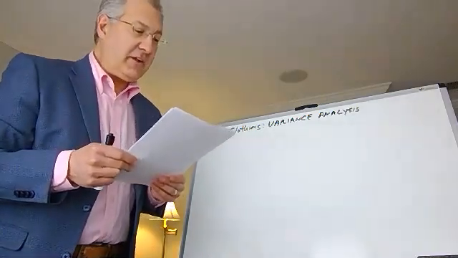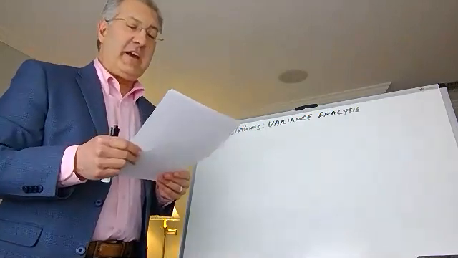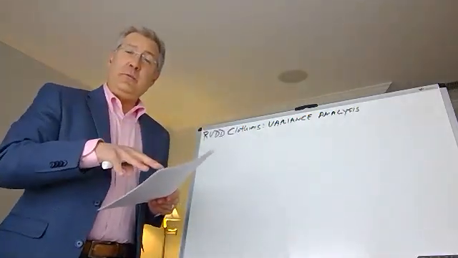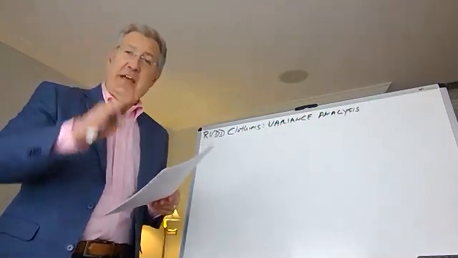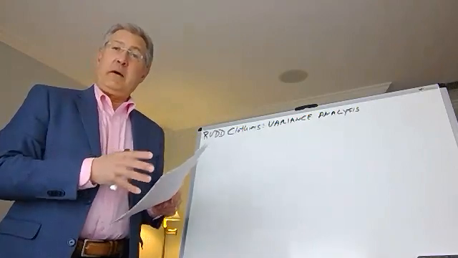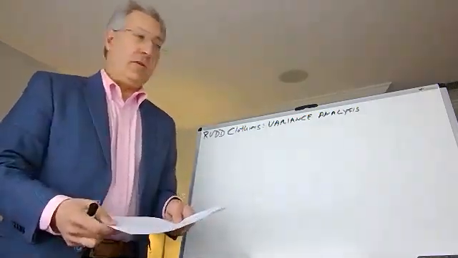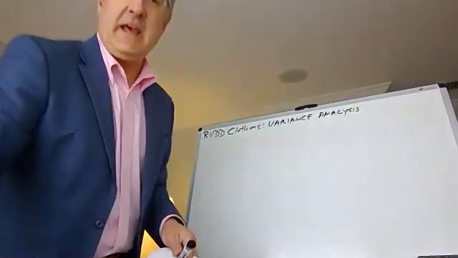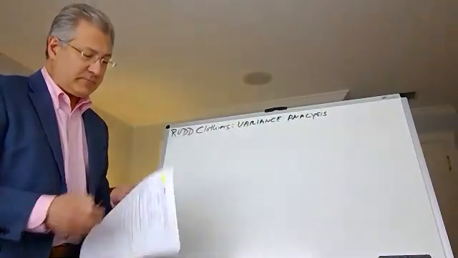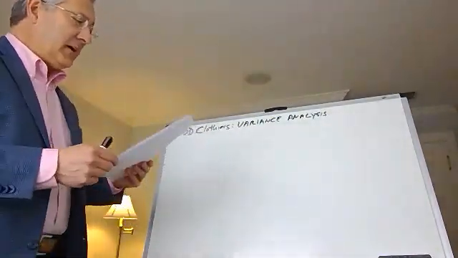Budgeted fixed overhead cost was $49,000 and budgeted variable overhead $36,400. So there they gave you the total estimated manufacturing overhead, and they broke it down between fixed and variable, because as you know, manufacturing overhead tends to be a mixed cost.